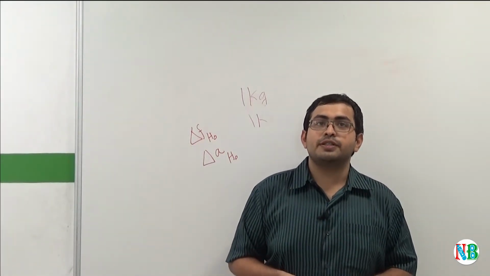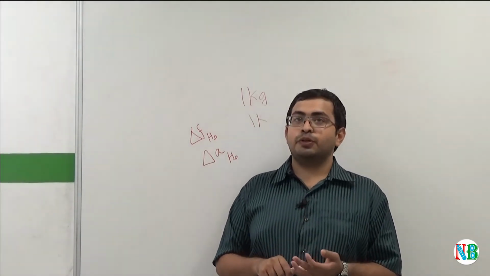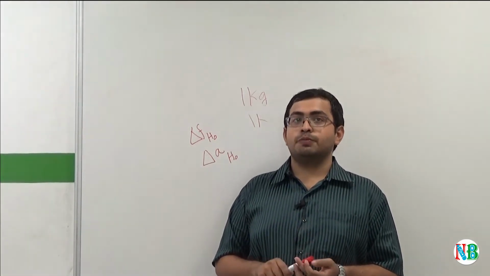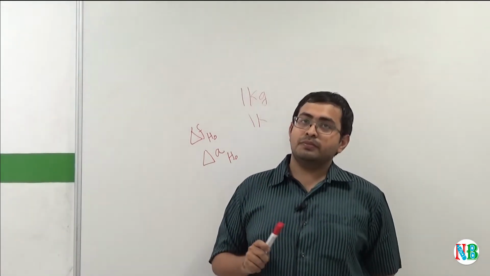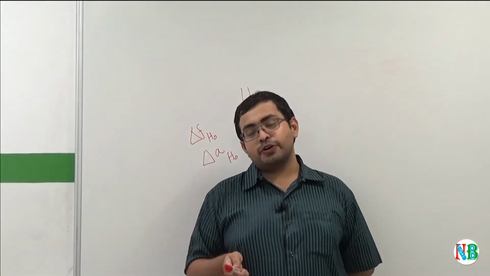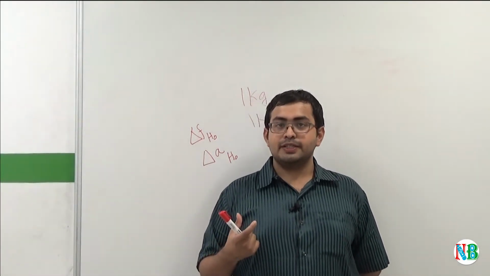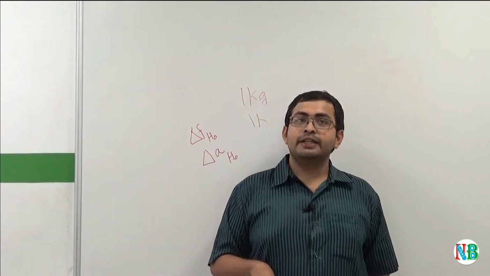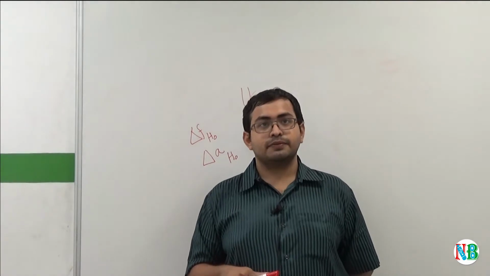Enthalpy of atomization is the enthalpy change on breaking 1 mole of bond completely to obtain the atoms in the gaseous phase. If 1 mole of atom or 1 mole of bond is broken to obtain the atoms in their gas phase, that is the gaseous state, then the amount of enthalpy change will be called enthalpy of atomization.